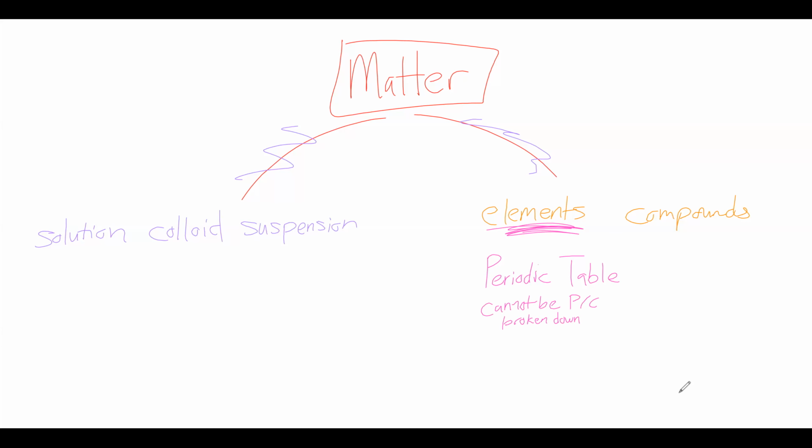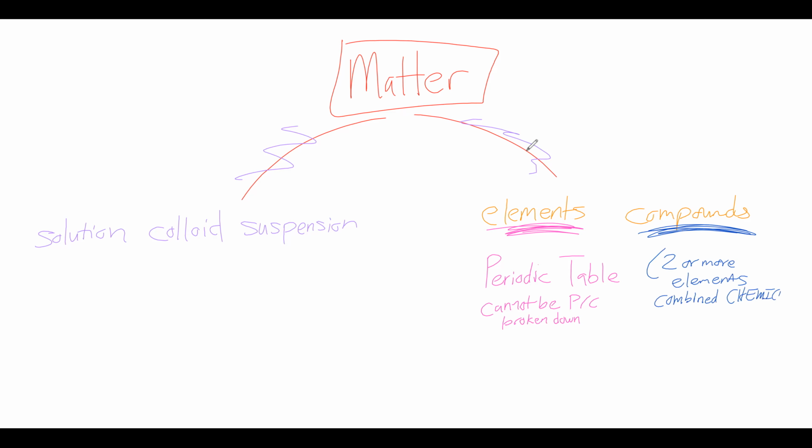All right. Now, on the other hand, also on this side, you have compounds, okay? Compounds are two or more elements put together, combined chemically. I can't just put some copper and some zinc next to each other and think that I have a compound. It's just copper and zinc. They have to be combined chemically.